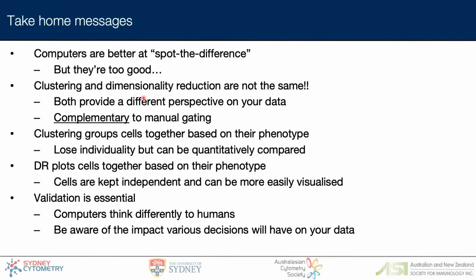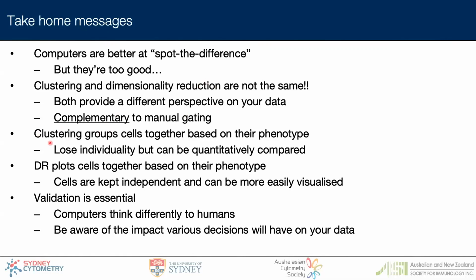I think it's definitely more of a pet peeve for coding people: when you get clustering and dimensionality reduction mixed up, they're definitely not the same. But as we've discussed, they're both able to provide a different perspective on your data, and if you really want to make the most of them, they really should be complementing your conventional approaches like manual gating.